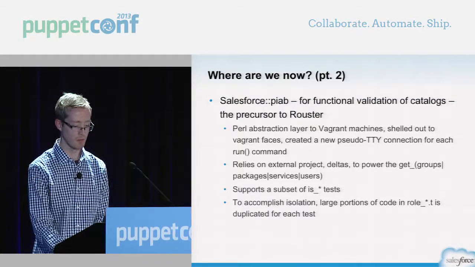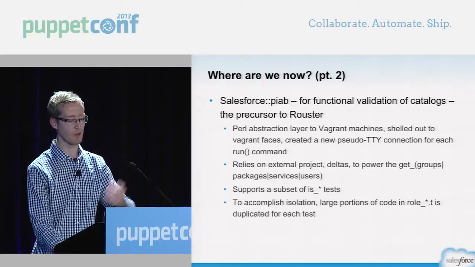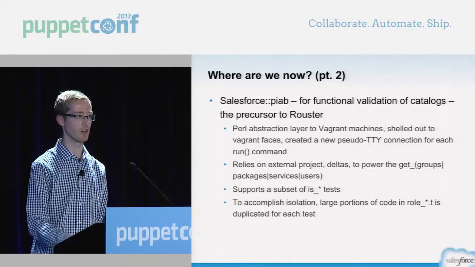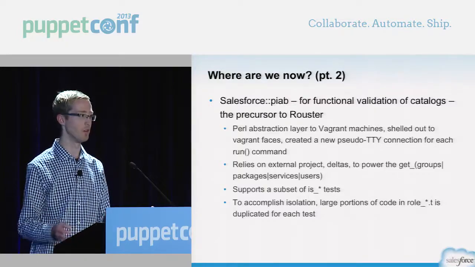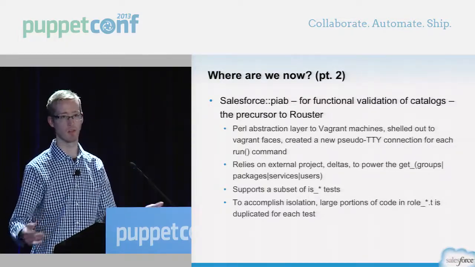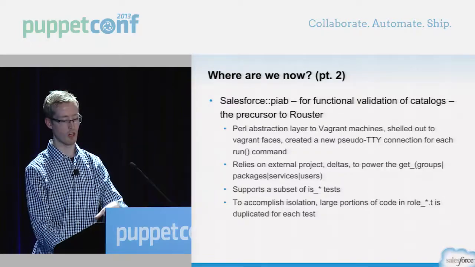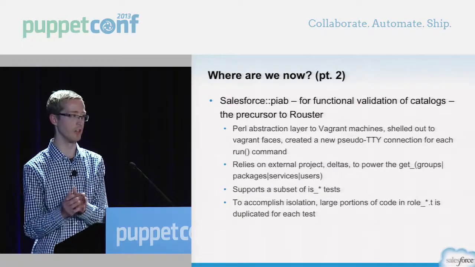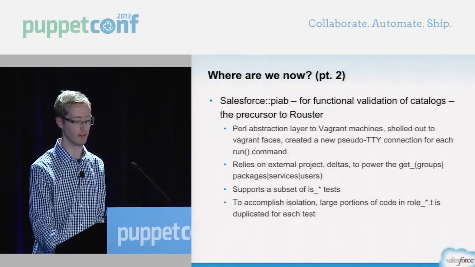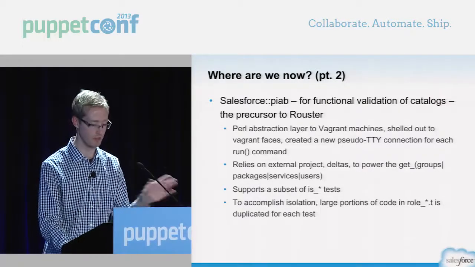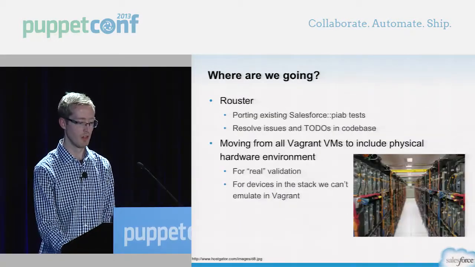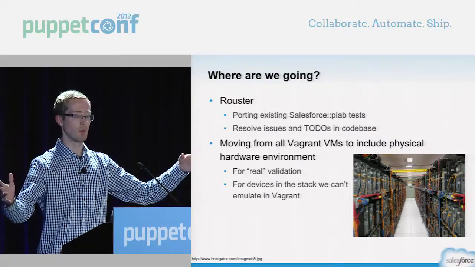But the real problem was Perl and Test::More specifically don't have a great answer for test isolation. There's no setup or teardown methods to speak of. So large portions of the code in each of our role tests is duplicated, and don't do that either. That's where we are now.